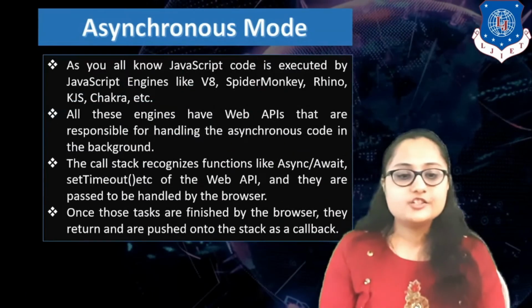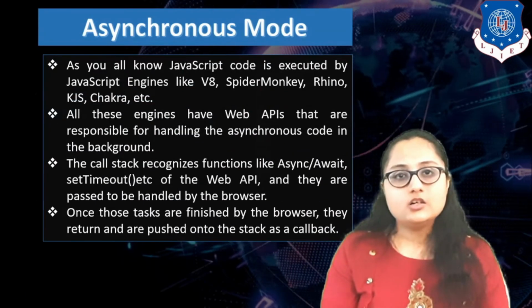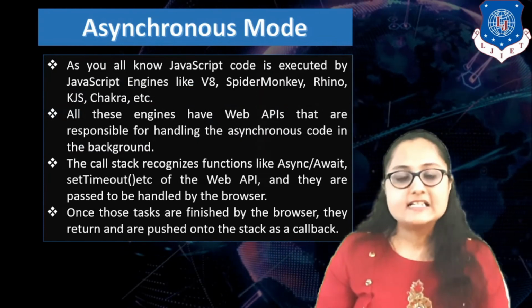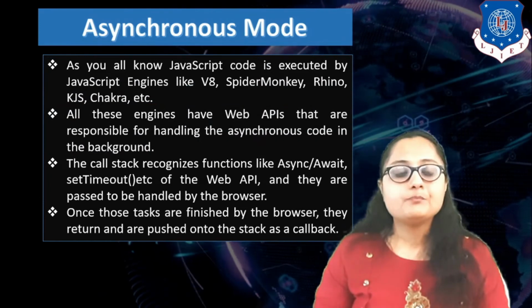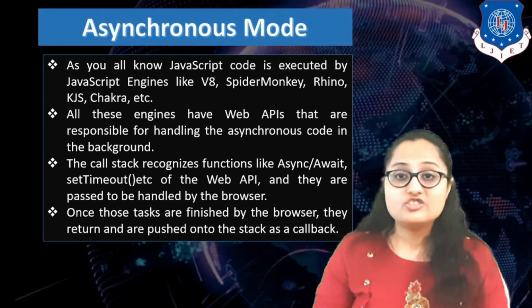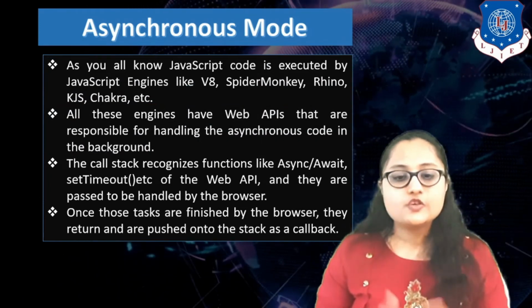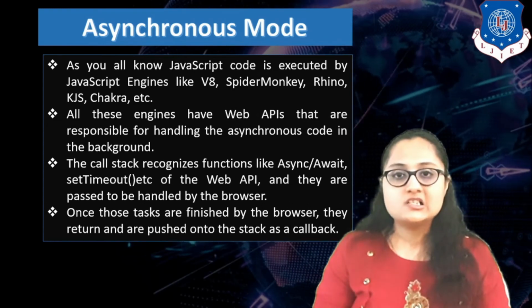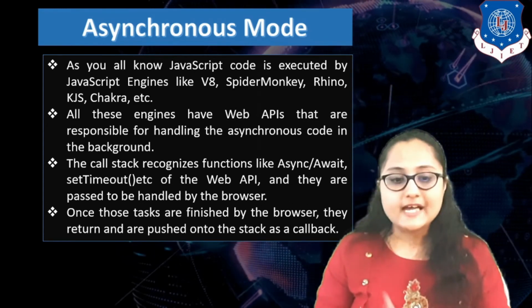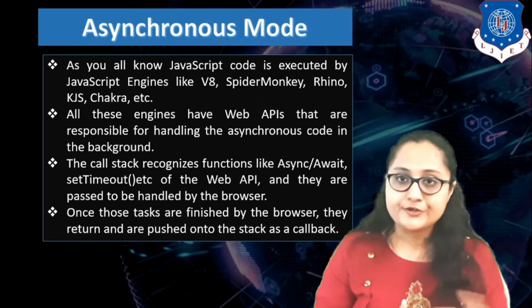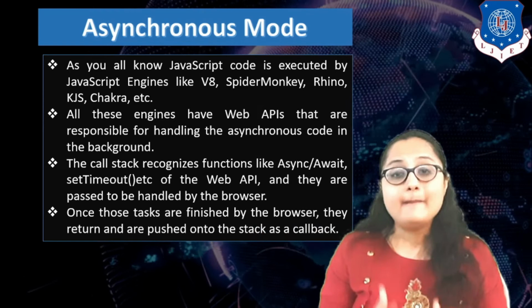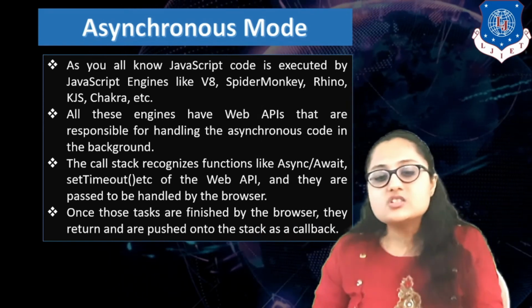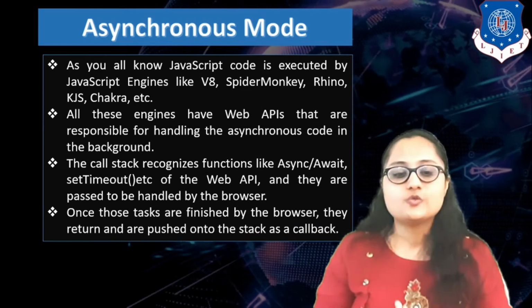Now in asynchronous mode, you know that JavaScript is basically executed client side, and there are many JavaScript engines in different browsers. For example, there are JavaScript engines like V8, SpiderMonkey, Rhino, KJS, Chakra, etc. Now all these engines have web APIs that are responsible for handling asynchronous code in the background.